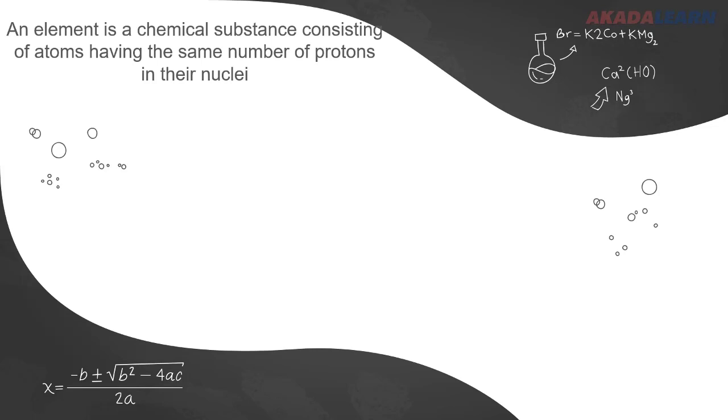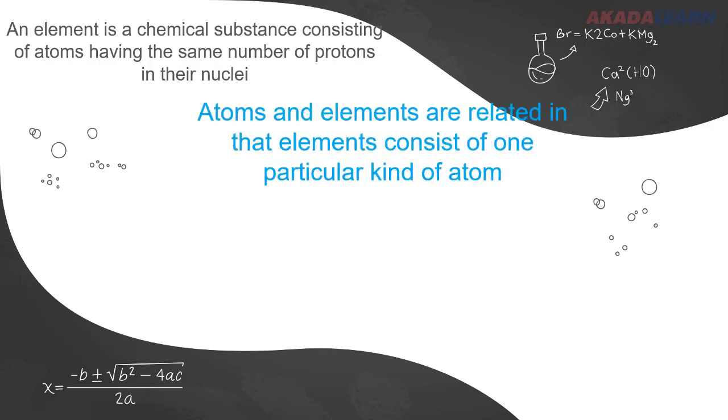An element is a chemical substance consisting of atoms having the same number of protons in their nuclei. Don't forget, nuclei is the plural form of nucleus. Atoms and elements are related in that elements consist of one particular kind of atom.